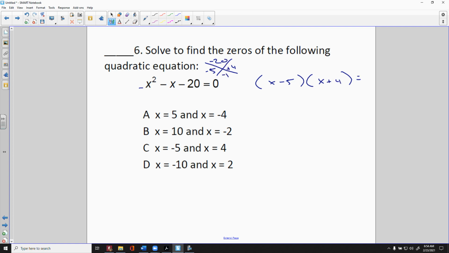But remember, I am trying to solve, so it's equal to 0. x minus 5 equals 0. x plus 4 equals 0. So x has to be 5, or x has to be negative 4. Boom. A, the only one that works.